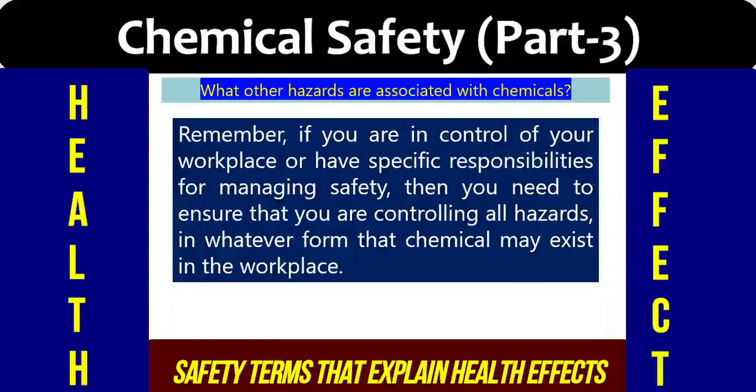Remember, if you are in control of your workplace or have specific responsibilities for managing safety, as a safety practitioner, as a safety supervisor, or even as a site in charge, then you need to ensure that you are controlling all hazards in whatever form that chemical may exist in the workplace. You are ultimately responsible to manage it safely and to keep the workers away from harm, or you have to control the risk to an acceptable level.